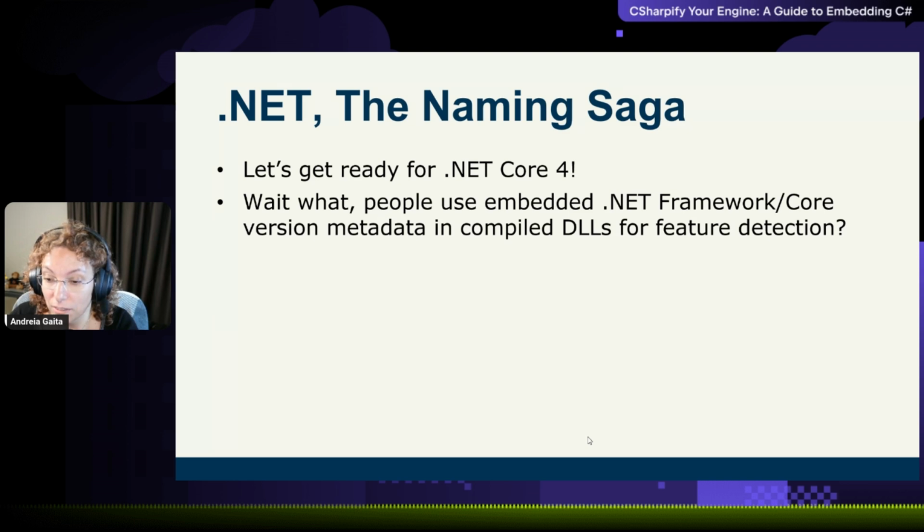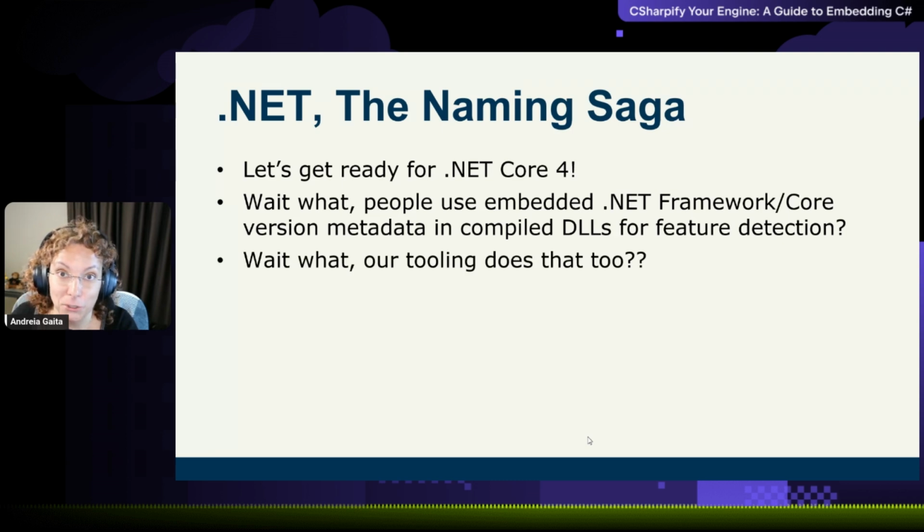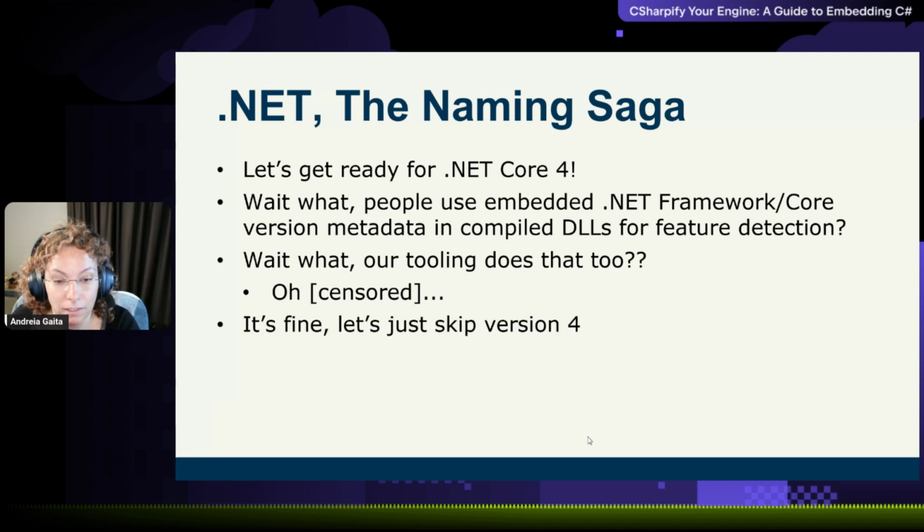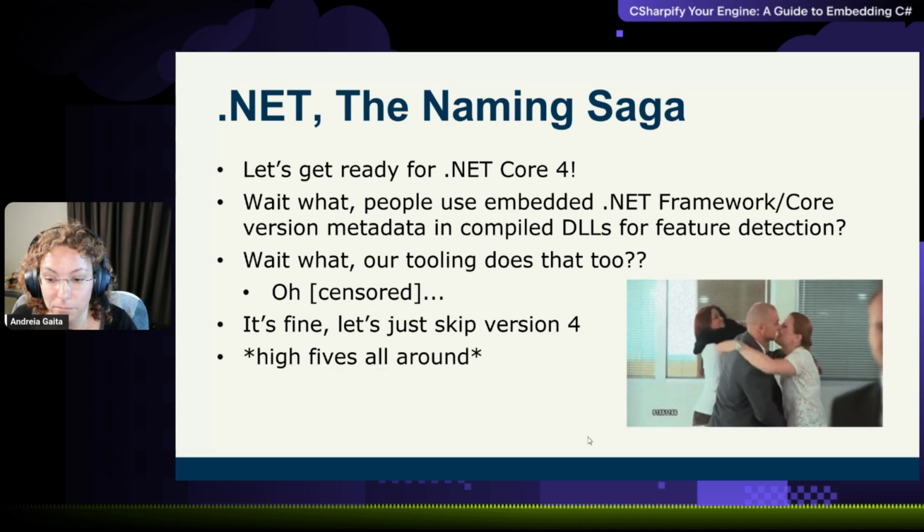And if it was .NET 4, do X. Of course, they weren't checking whether it was .NET 4 or .NET Core 4. So that was a problem. Turns out their tooling did that too, to go like, oh, we're in .NET Framework 4, do something else. So that's okay. Let's skip .NET Core 4. It's fine. It's not a problem. We got this.